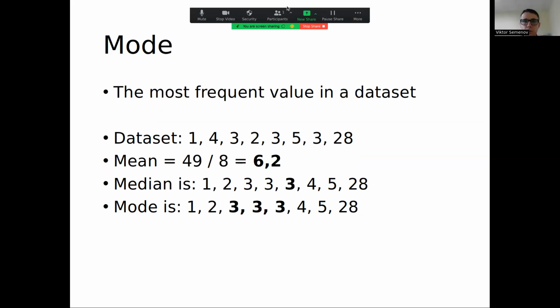And the third one, just one moment, please. So the mode is the third variant of description of central tendency. It is the most frequent value in a data set. So we continue our work with our distorted data.